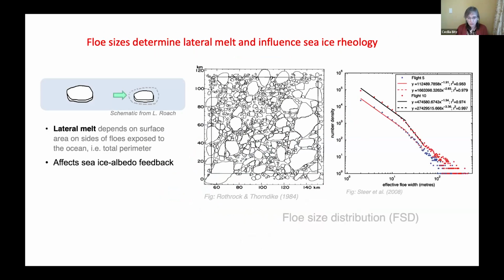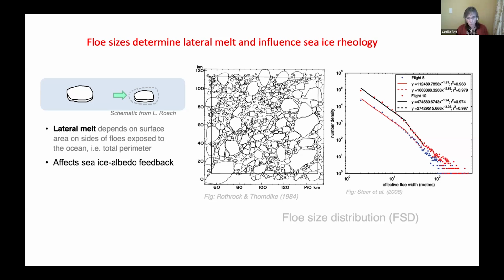And like I mentioned in my introduction slide, I think a big part of this is because of lateral melt. So if you imagine a much more fractured scene of sea ice, the perimeter goes up. And the perimeter results in a lateral ice to ocean interface, and there's sunlight absorbed in the ocean, so more of it gives rise to melt just at that lateral interface, and the floes will shrink all the more.